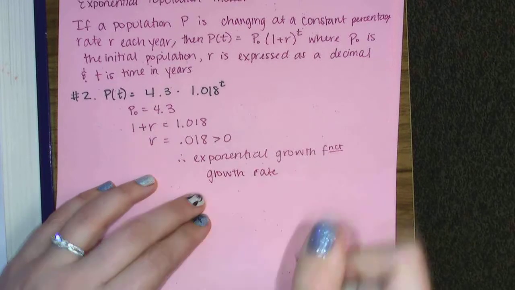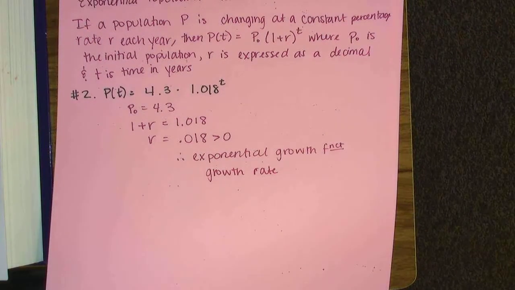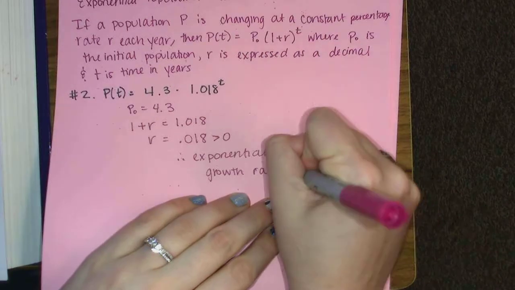The growth rate, or decay rate, is always going to be a percentage. So if I want to make 0.018 a percentage, what do I need to do? Yep, move the decimal 2 places to the right, so that gives me 1.8% growth rate.